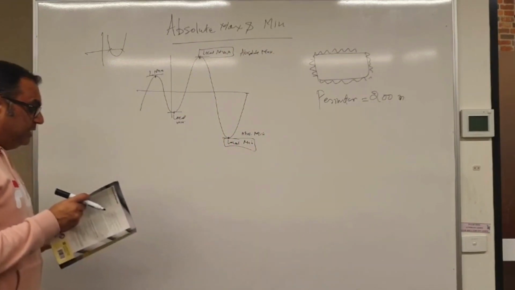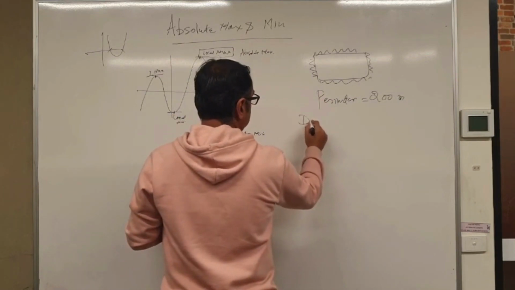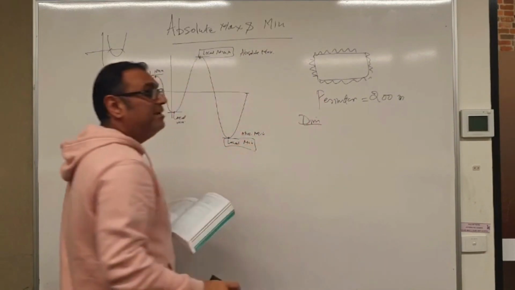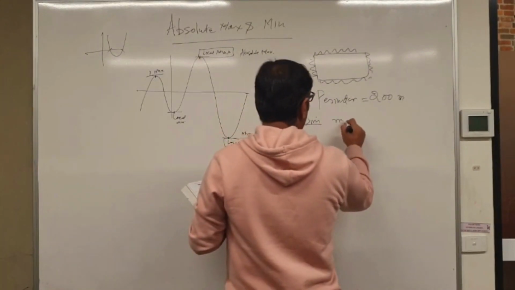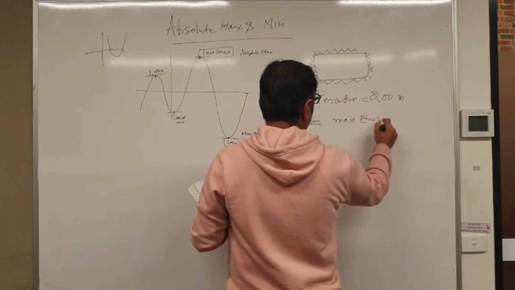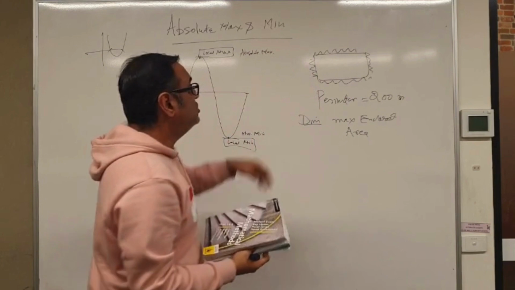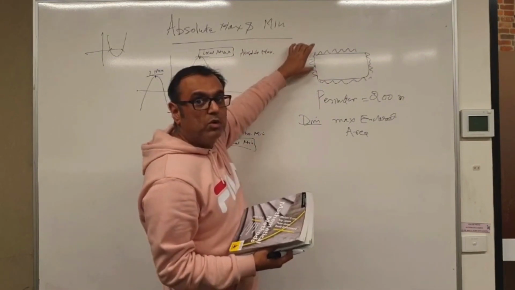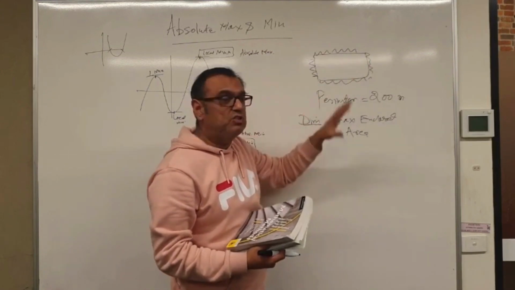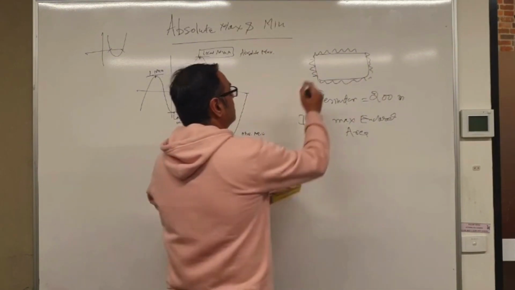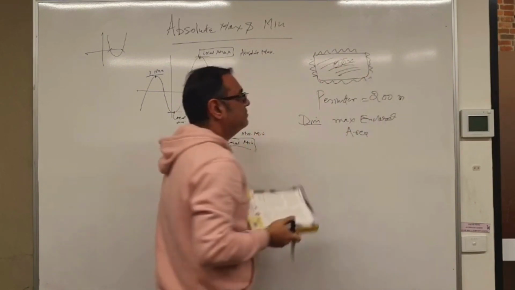He says, what are the dimensions that will give him the maximum enclosed area? Max enclosed area. That means he doesn't know what's the length and what's the width. He needs to put this fence in such a way that the area inside here is max.